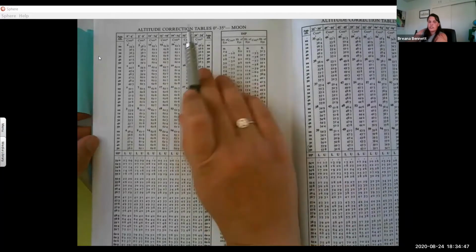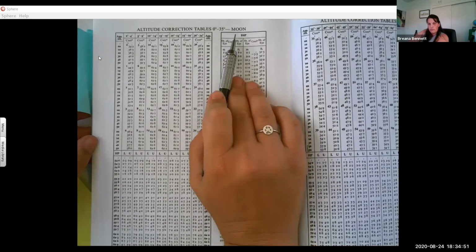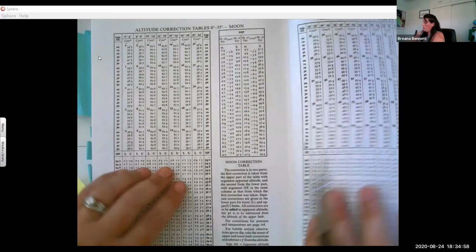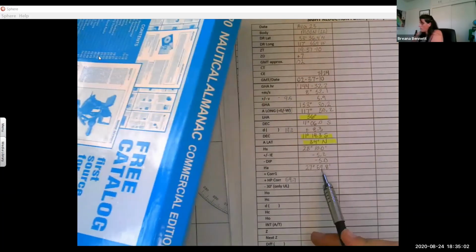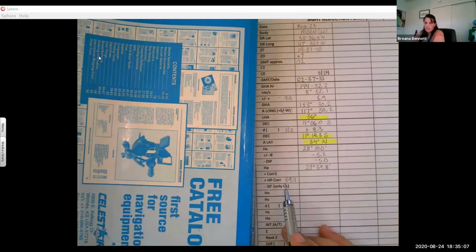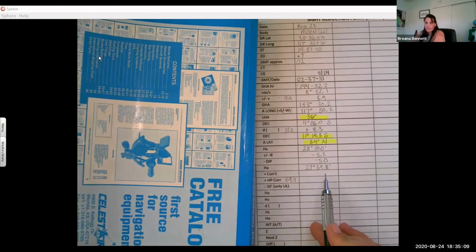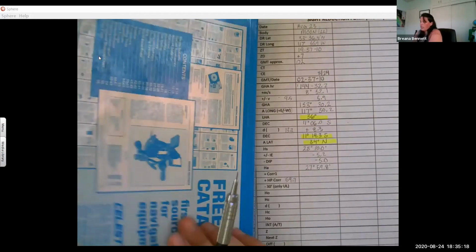So it's the altitude corrections for 0 to 35 on the moon. So we observed our apparent altitude. So our HA is 27 59. So basically 28 degrees. You guys see that? Yes.